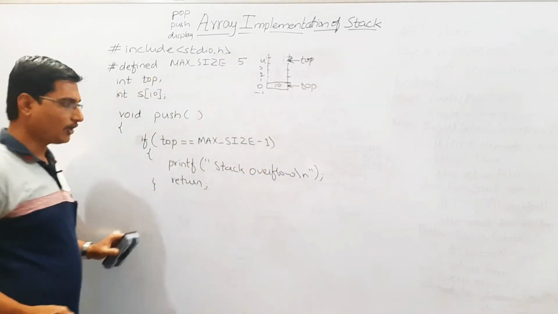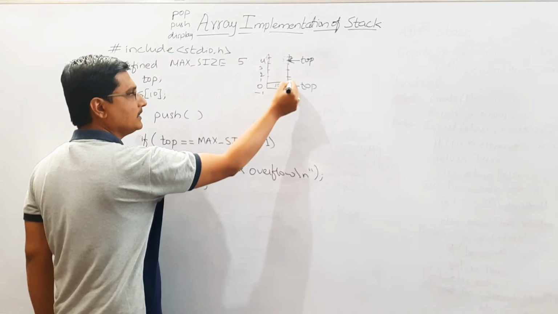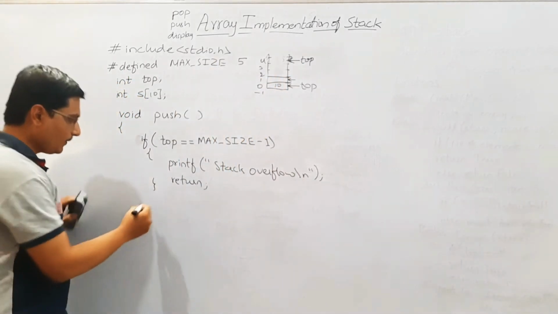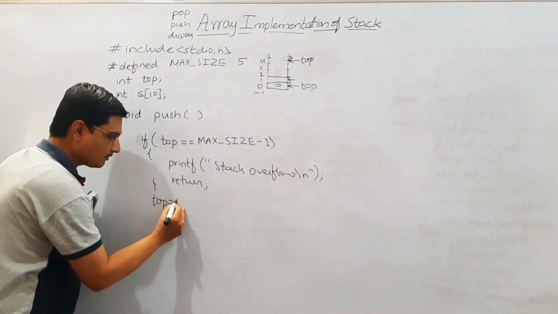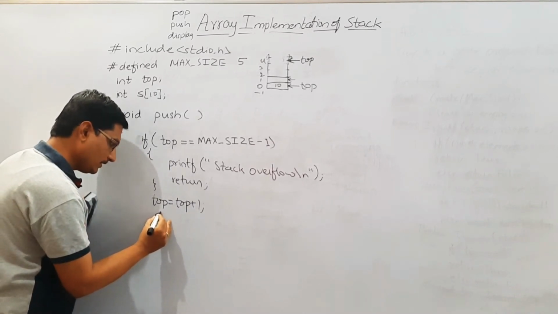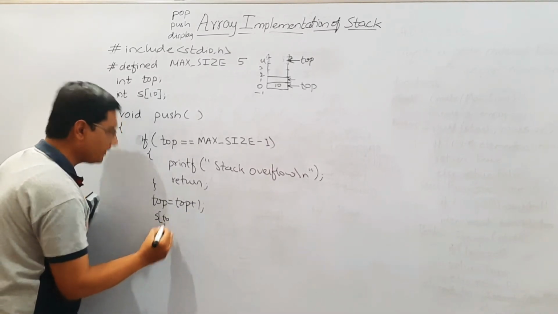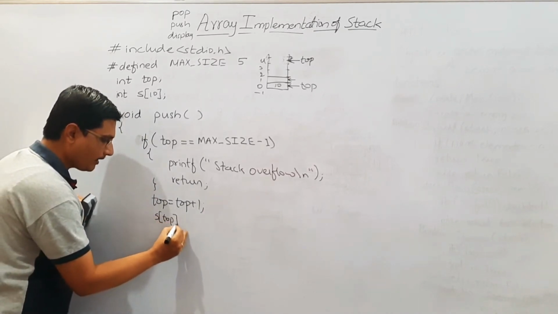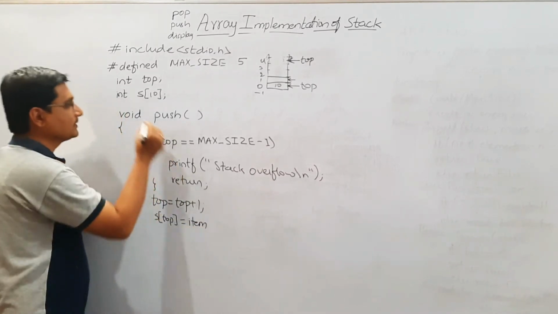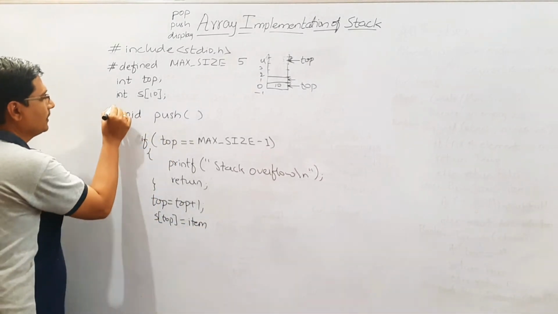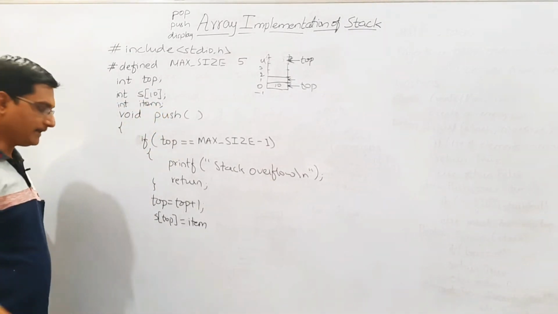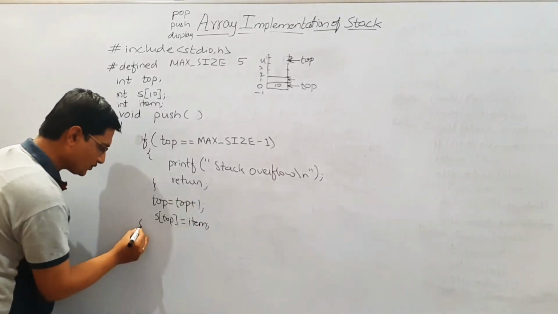I need to increment the top first, so that top points to the next space, then I can insert there. So top is equal to top plus 1, then in S of top, I need to insert the element I want to insert. I will take one more variable here, int item. Fine, that's all. This is the push operation.